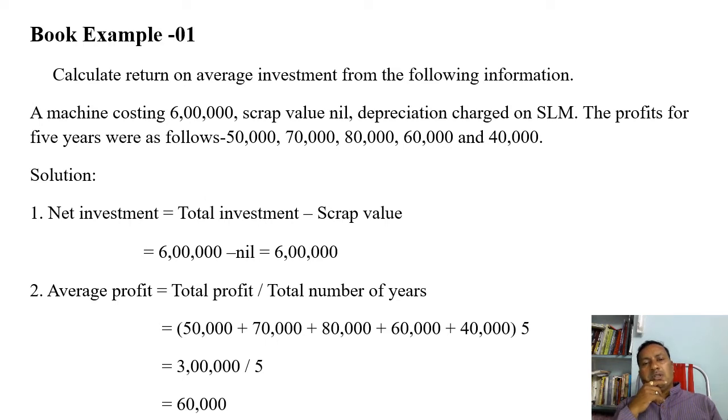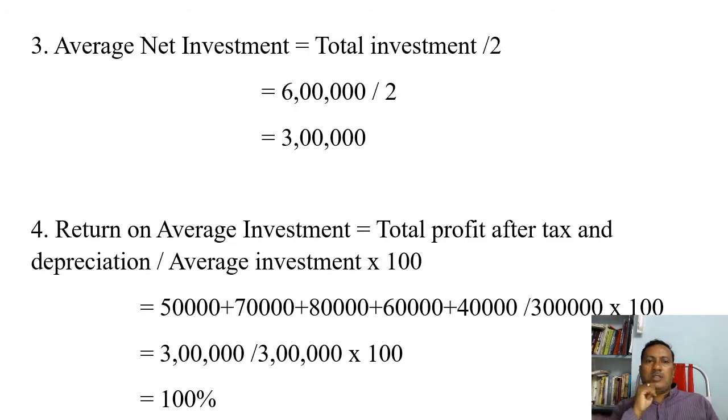Average profit, in the previous session we have studied the formula. Average profit is equal to total profits minus total losses divided by total number of years. Here there is no loss, so 50,000 plus 70,000 is 1,20,000, plus 80,000 is 2 lakh, plus 60,000 is 2,60,000, plus 40,000 is 3 lakh. 3 lakh divided by 5 years is 60,000.